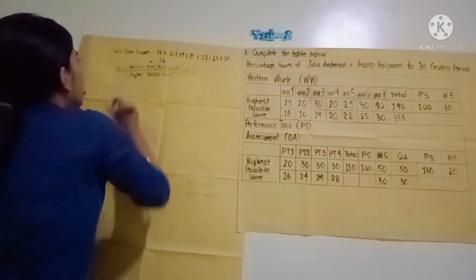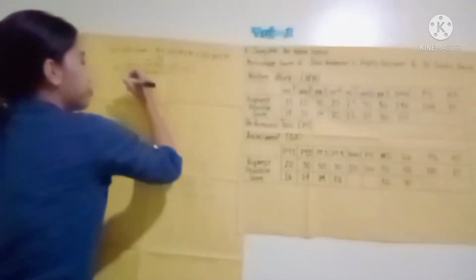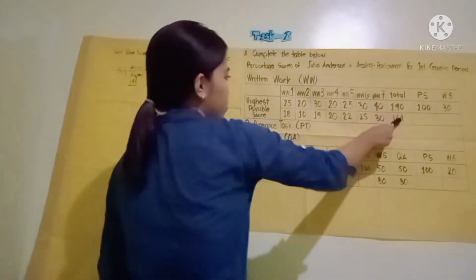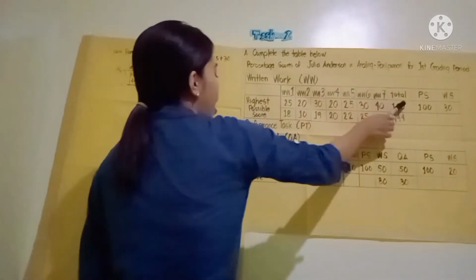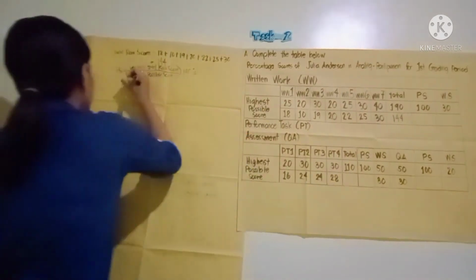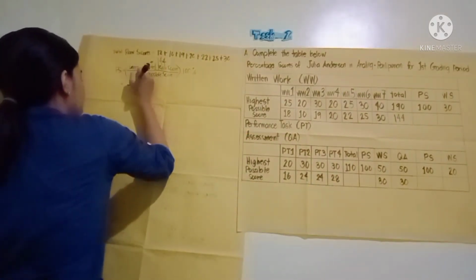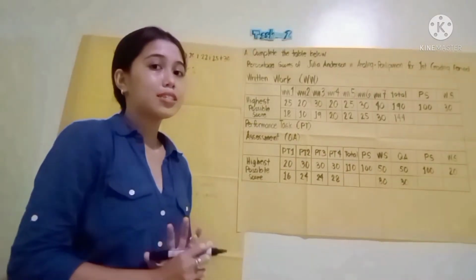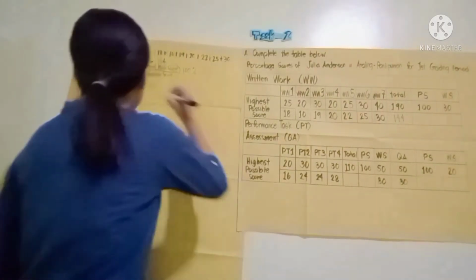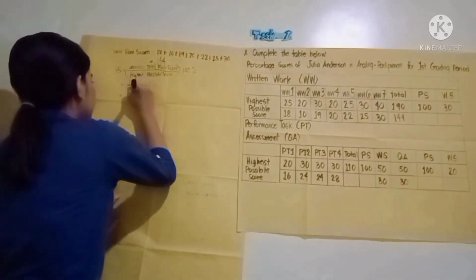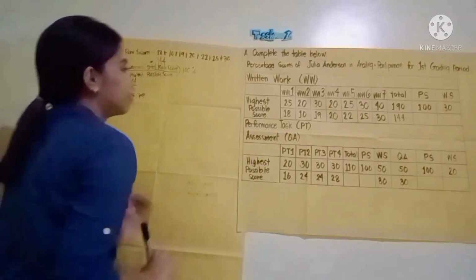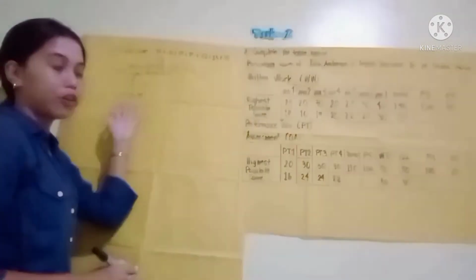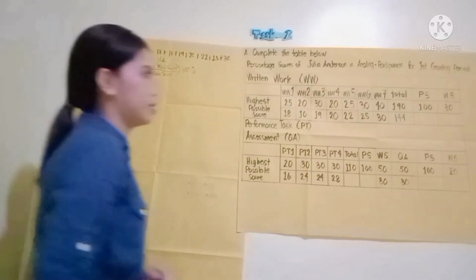So, her total raw score is 144, and the highest possible score is 190 times 100% is equals to 75.79. So Julia's percentage score for the written work is 75.79.